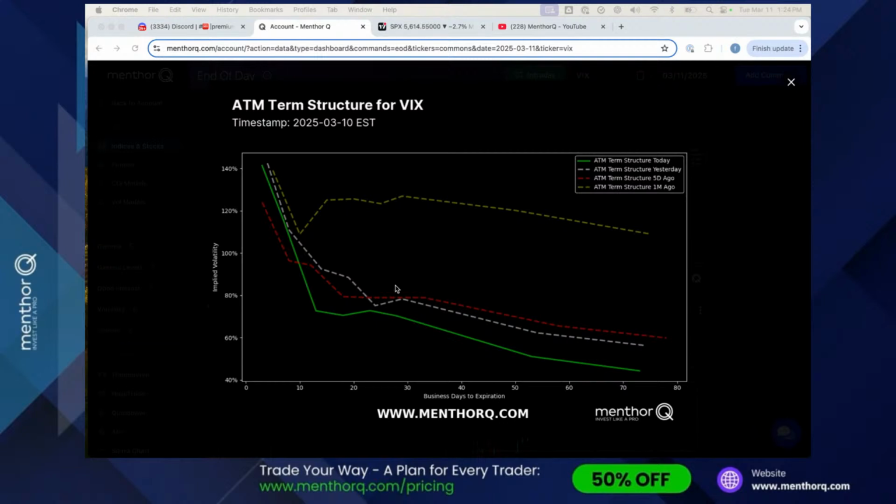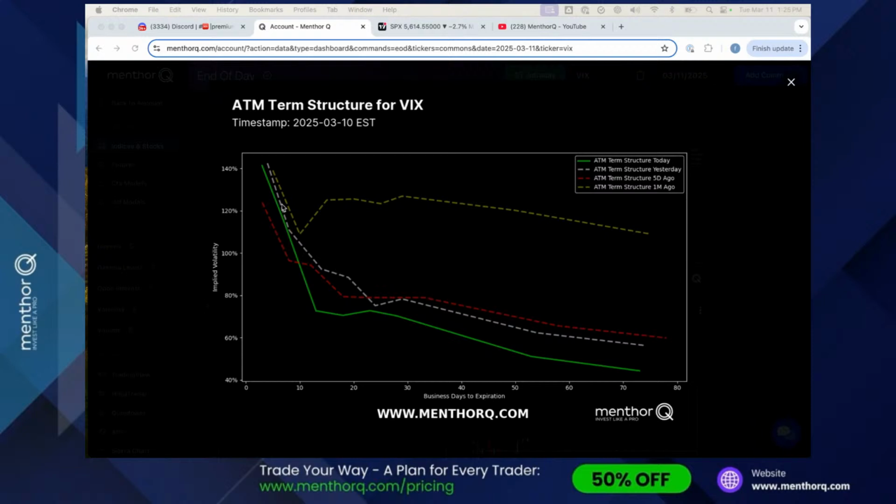Okay, so if you look at the term structure there, you see how elevated it was. There you go. That's a month ago. It's kind of a normal-ish contango. And then look at yesterday's one, the white one.